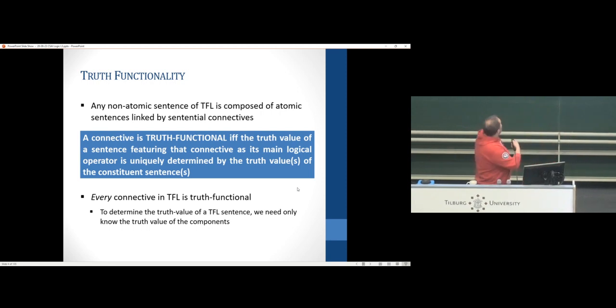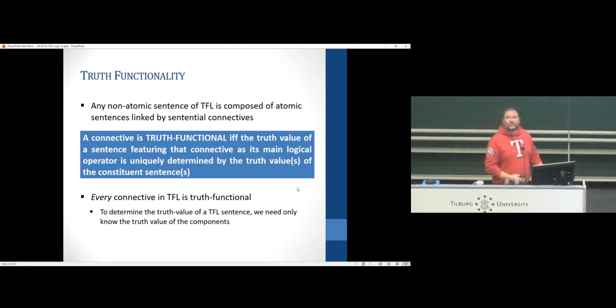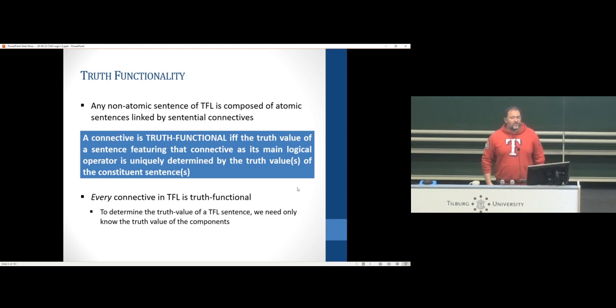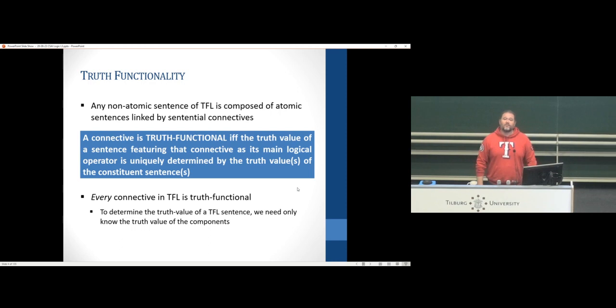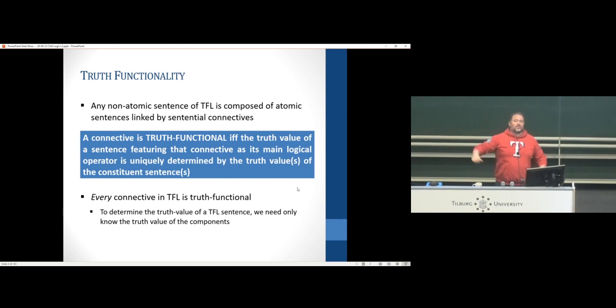Now, we can say that a connective is truth functional if and only if the truth value of a sentence featuring that connective as its main operator is determined by the truth values of the constituent sentences. So that's a long, kind of slightly awkward definition, but the basic idea is hopefully clear. A connective is truth functional if its truth value is determined by the truth values of the parts below it.